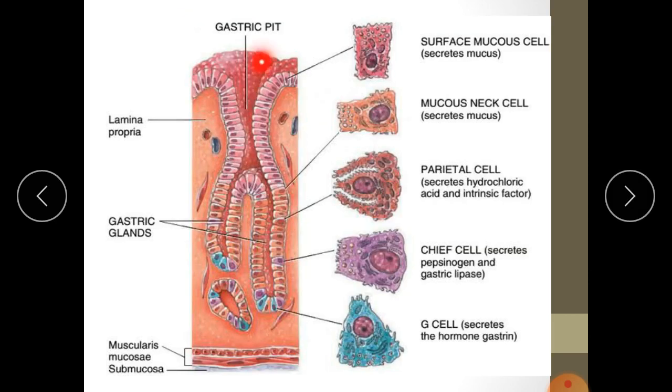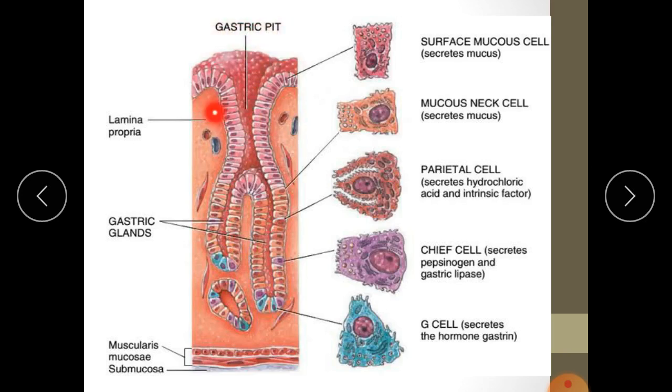So the gastric pit has this layer, the surface epithelium, which has gastric glands. Glandular cells are present. They secrete their secretions into the pit, and from the pit it is released to the exterior, into the lumen of the stomach.